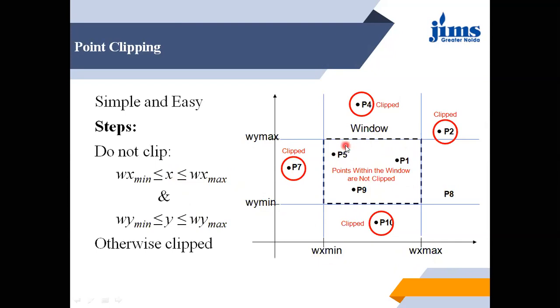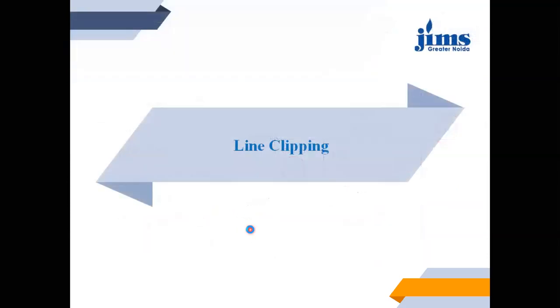There is no need to clip these points. When this condition is not satisfied, we have to clip the point. This was point clipping, which we discussed in the last lecture.